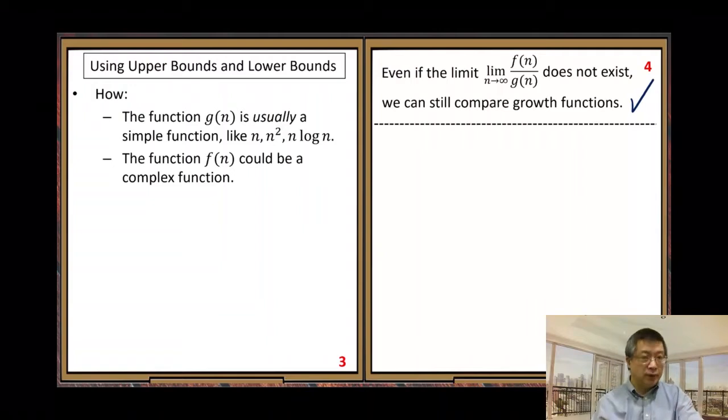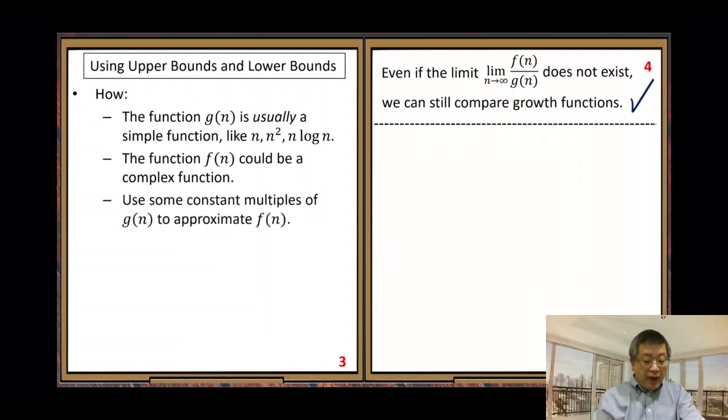Our goal is to use some constant multiples of g of n to approximate f of n. Approximation, because f of n is too complicated and it is very hard to see how fast it grows.